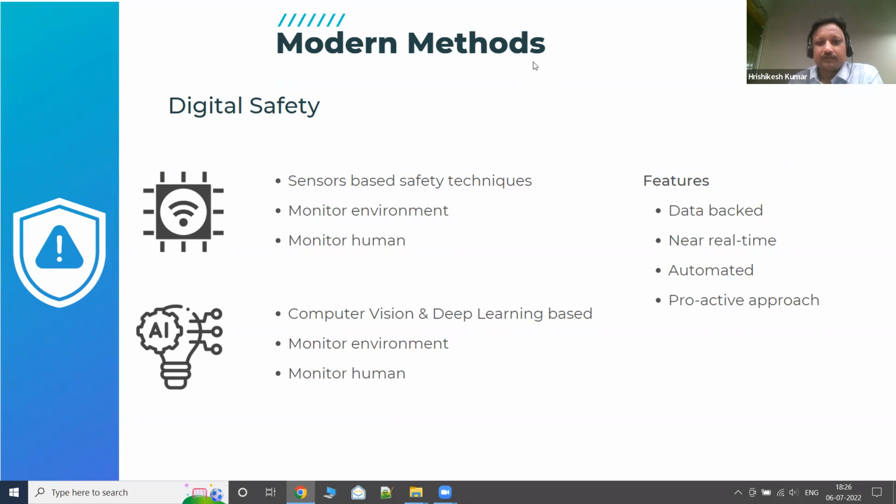Both the sensors and the computer vision methods work almost in near real time, so you get all the alerts of the situations almost instantly. Then most of the part is getting automated, so manual intervention is not required.